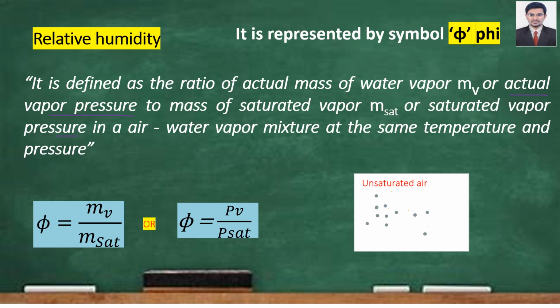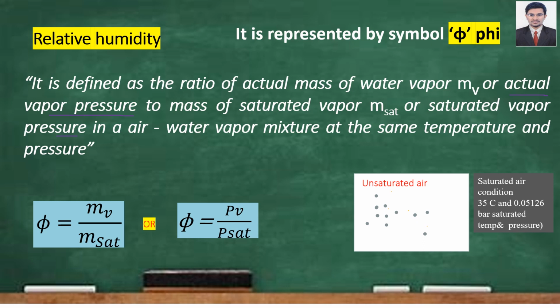Unsaturated air requires some water vapor to become saturated. So this unsaturated air is also called thirsty air. To convert unsaturated air to saturated air, the condition is 35 degrees Celsius and 0.05126 bar pressure.